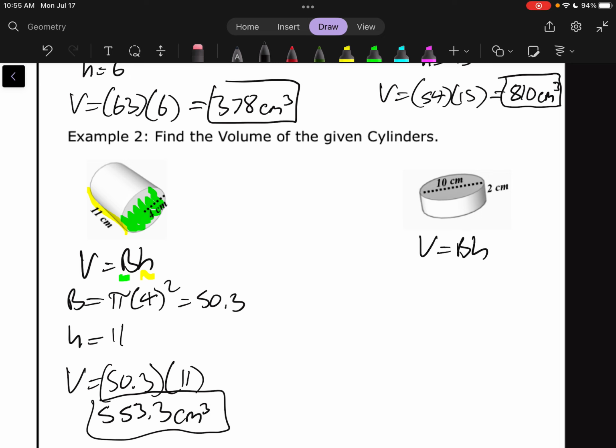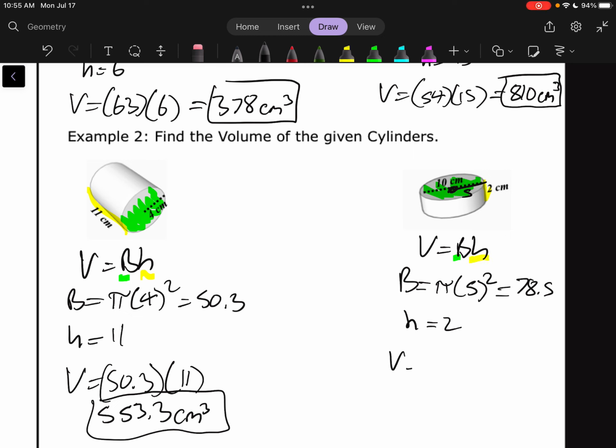One more time here, big B is the area of the base. It's that circle. So I need to do pi times 5 squared, because my radius there is only halfway across. For that, I am getting 78.5. My height is 2.